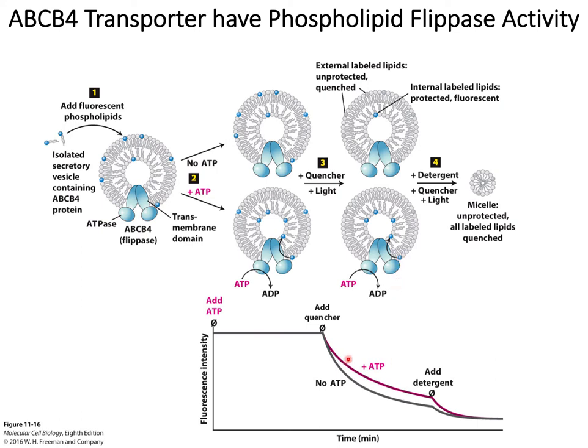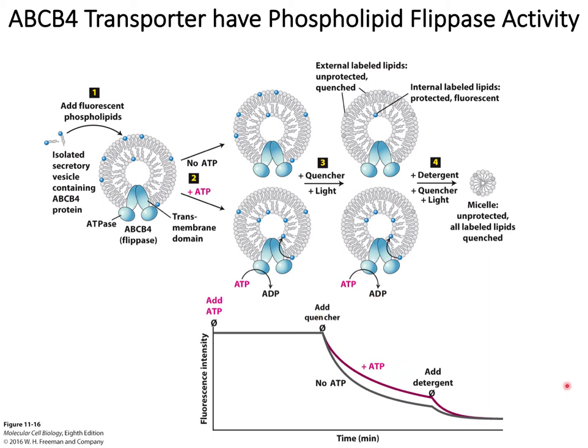On the other hand, in this one, why is the fluorescence at a higher level? Because all these fluorescent molecules are inside, flipped by the ABCB4 activity due to the ATP. Even after the molecules on the surface are quenched by the dithionite, there will be remaining fluorescence. That's why the level is higher.